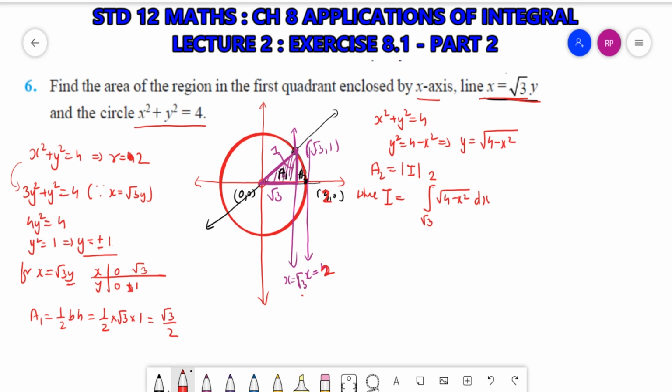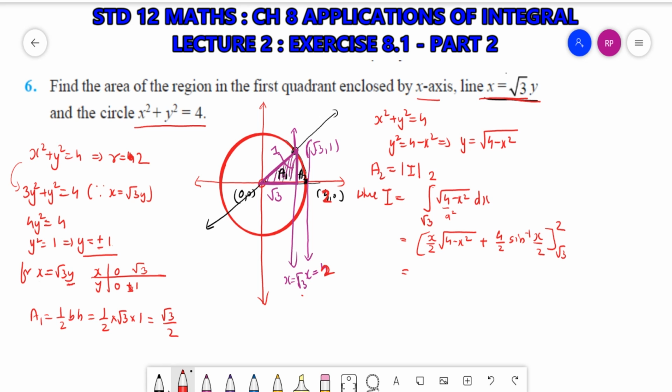Again, this is the formula for under root of a square minus x square. So this will be x by 2 under root of 4 minus x square, plus a square by 2, where a is equal to 2, so 4 by 2 sin inverse x by 2, from root 3 to 2.